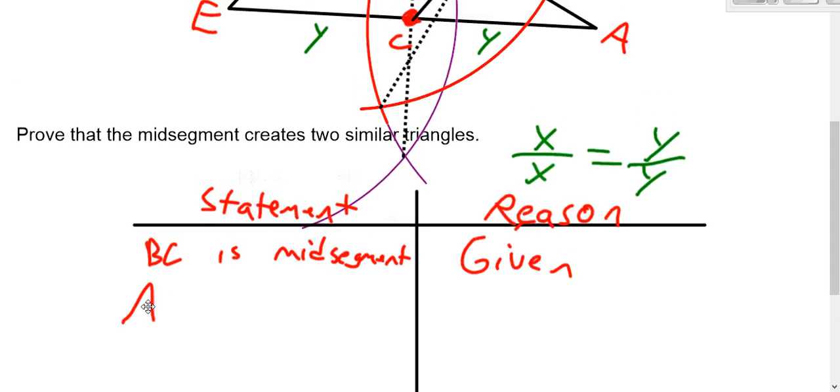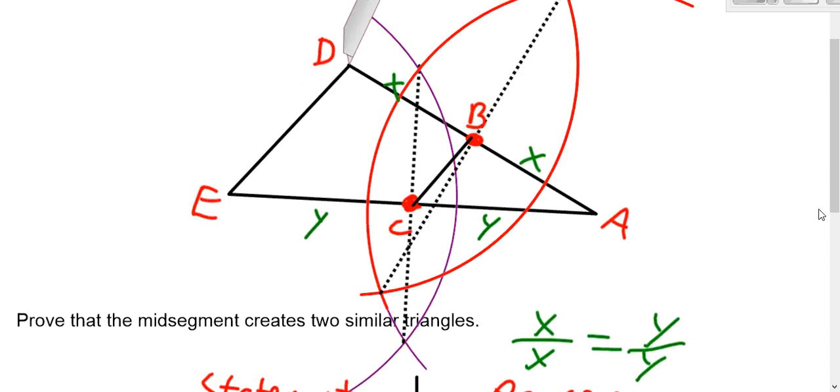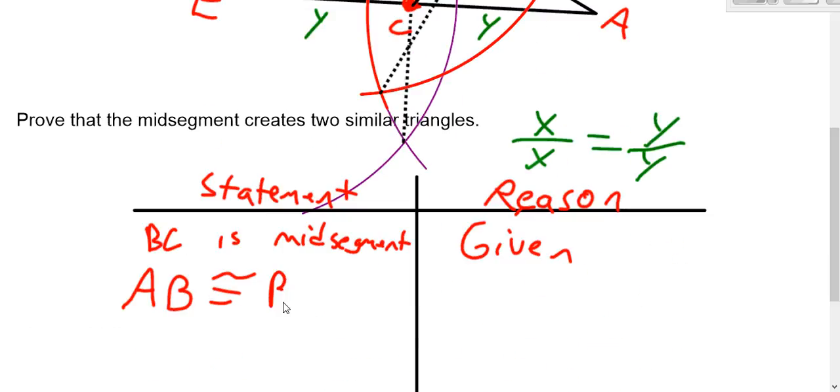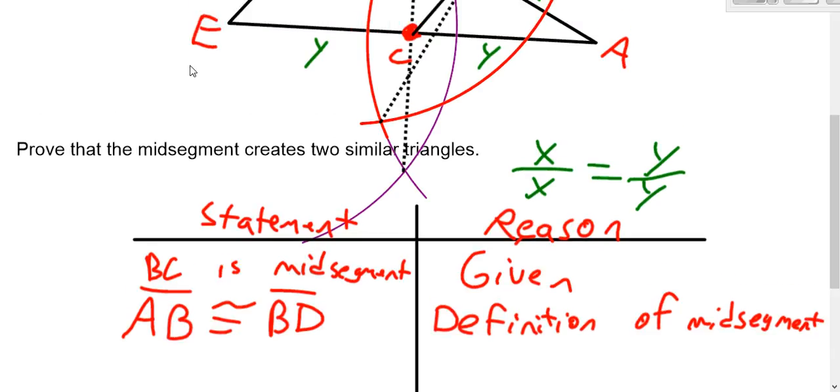So that means that AB is congruent to BD. That's what a midsegment does. That's the midpoint. And we could say the same thing with the bottom sides. AC and CE are congruent.